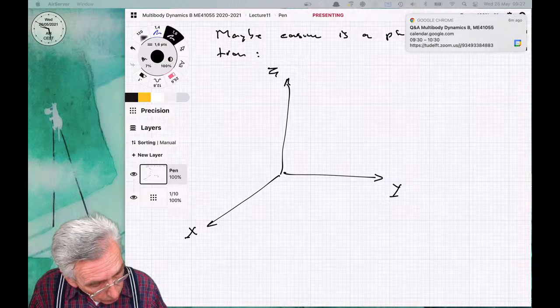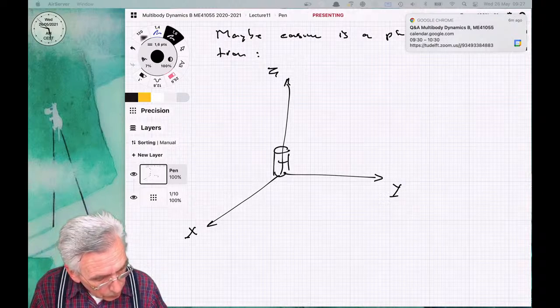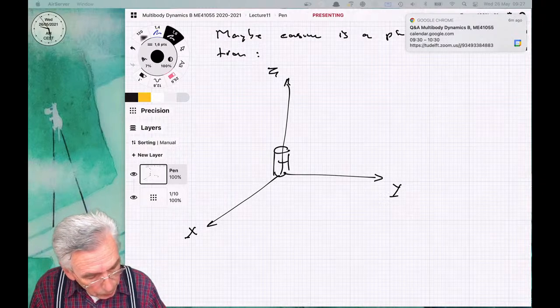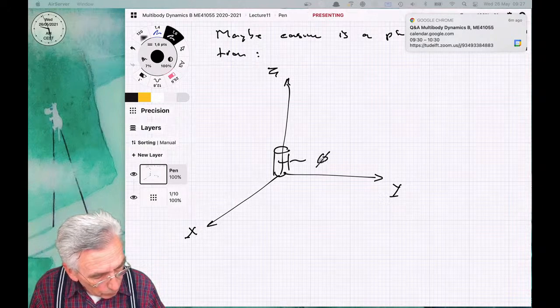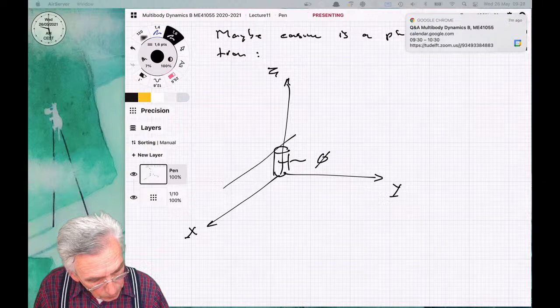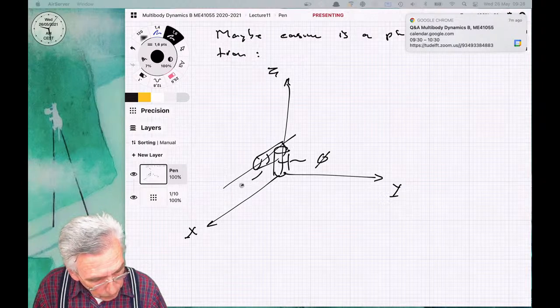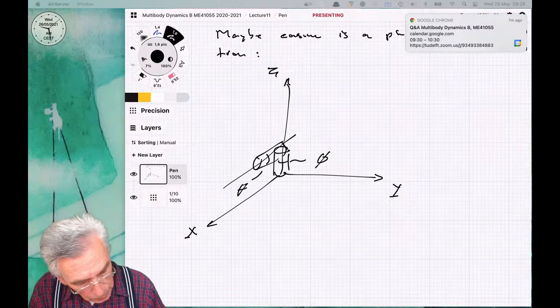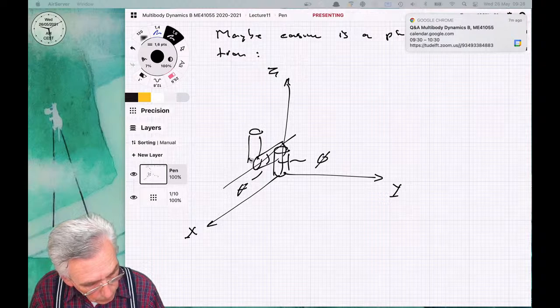Anyway, so let's take this set. We start about the Z-axis, which we call phi. Then we do the theta rotation, which is the x-axis, right? And then again the z for this guy, and we call that psi.